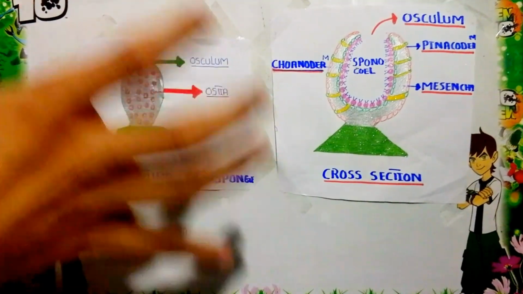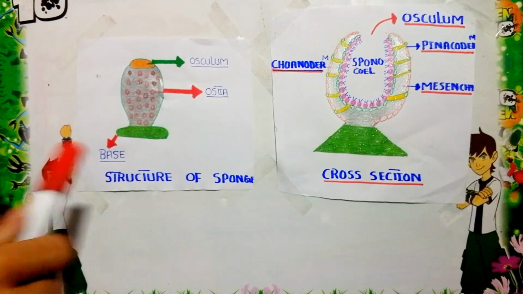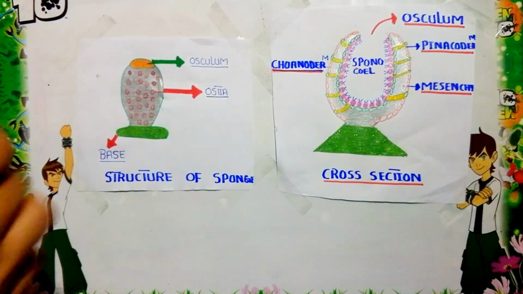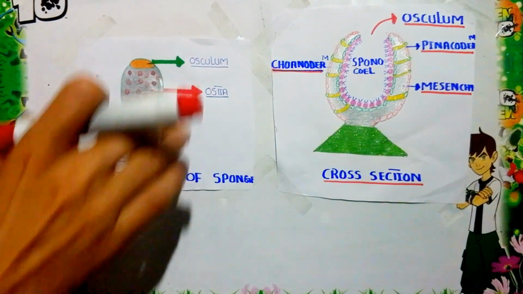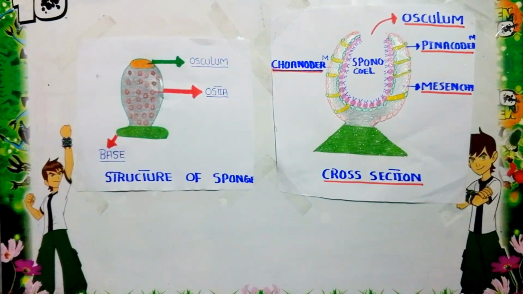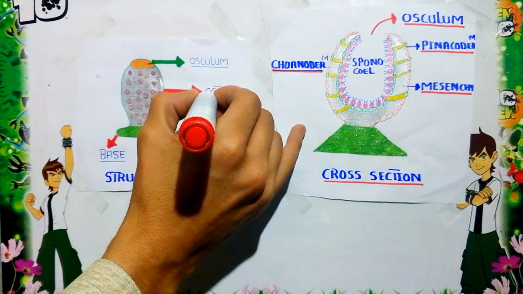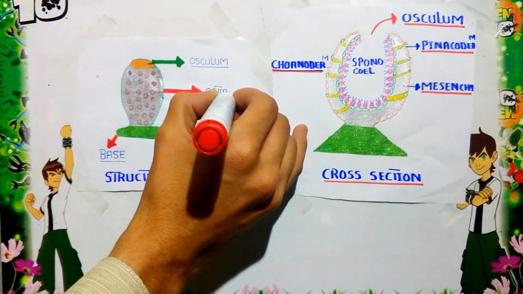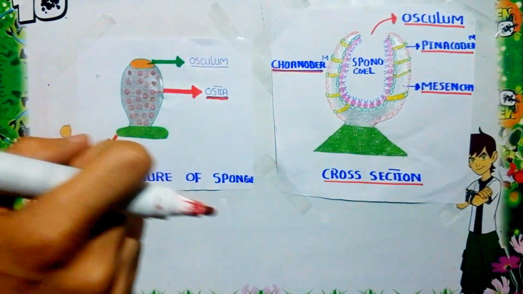Now look at the general structure of the sponge body. This is the overall morphology of the sponge body. As you can see here, small tiny holes are present over the whole body of the sponge. These pores present in the sponge body are called ostia. Through these ostia, water enters the sponge body.